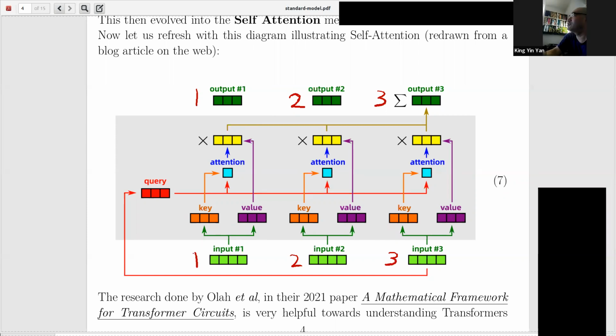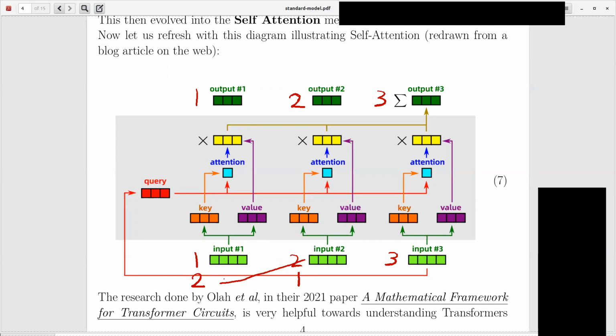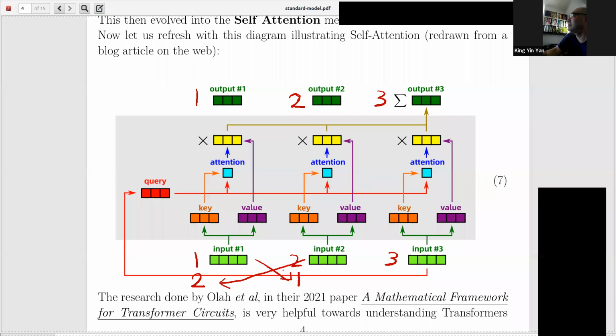Now, if I change this to 2 and this to 1, then the output changes the same way. These two will be swapped, but the 3 is still the same. You see why? Because of these matrix operations. I will go through this.